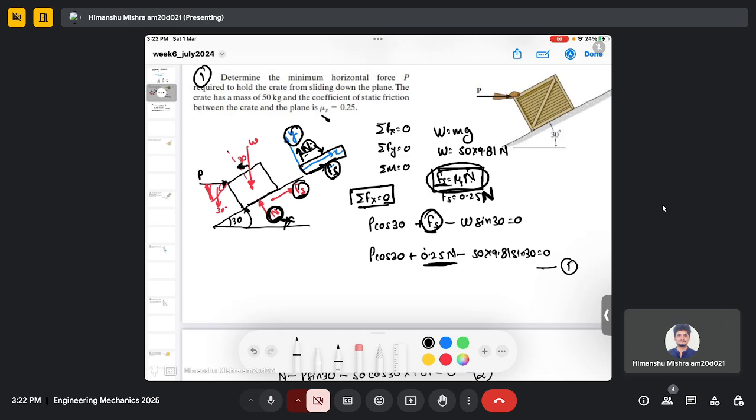So this quantity is the friction force. So this whole quantity is a friction force. It is not just a normal reaction, it is not a normal reaction force. It is a friction force. The only thing is, you can write friction force in terms of normal reaction. That is the only thing.